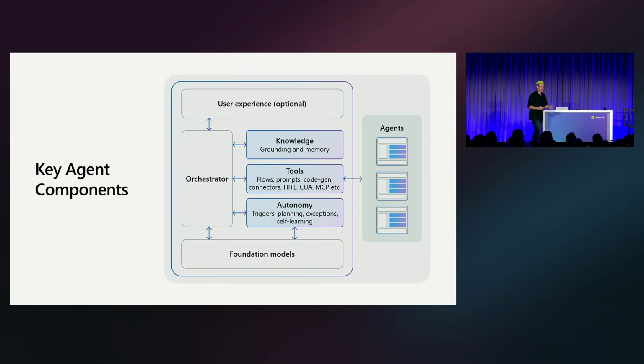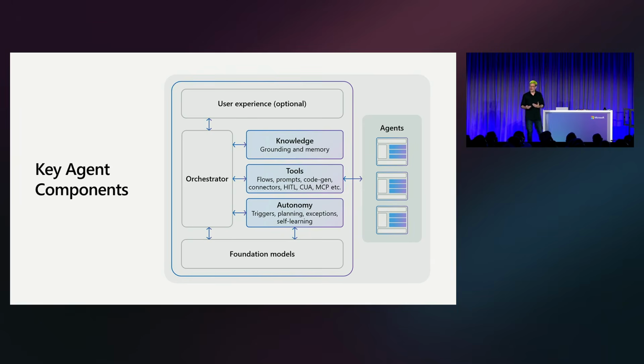The orchestrator is the heart of the agent. The orchestrator has got access to the user interface, how you talk to it. It has got access to the foundation models. It's got access to triggers, but it's also got access to knowledge and tools.